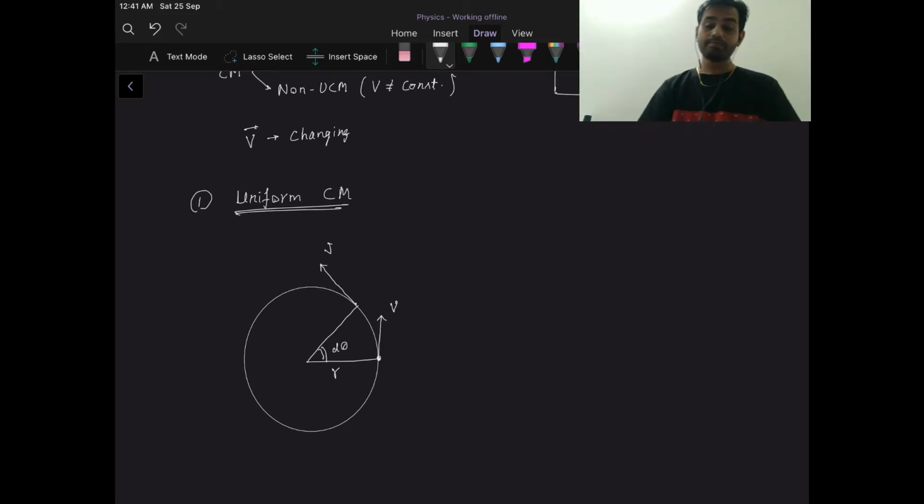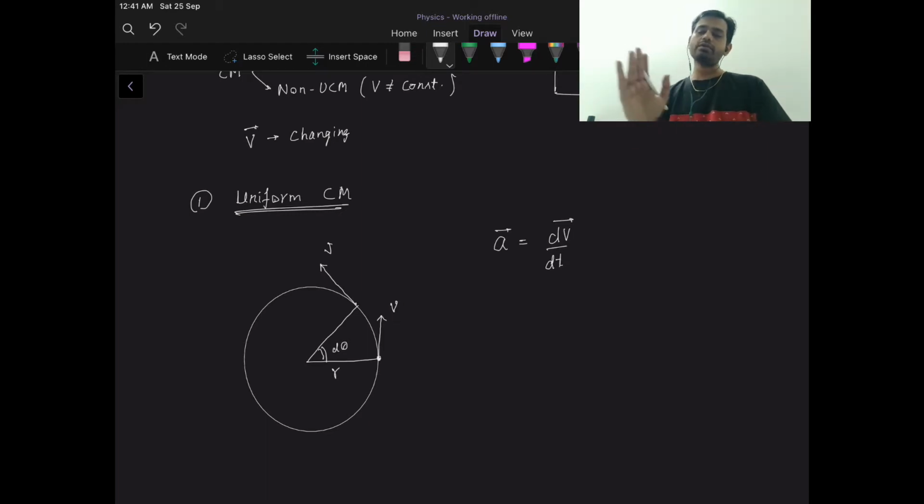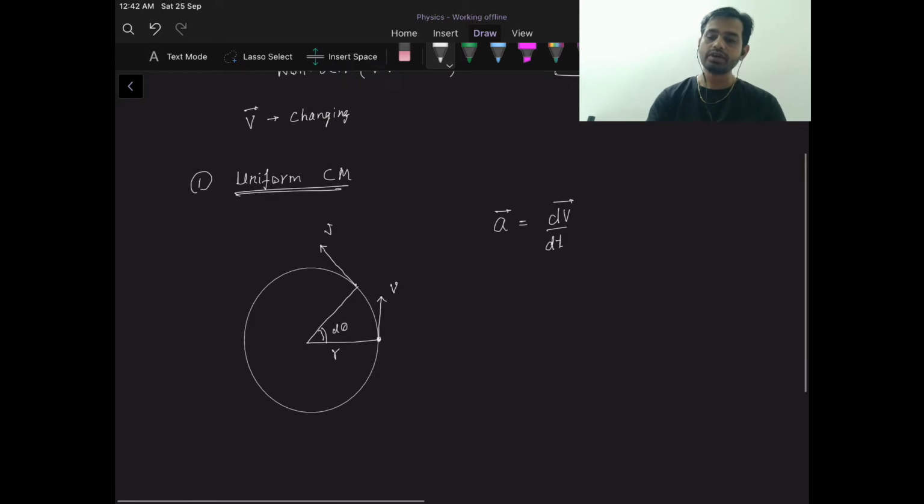Now what is acceleration? We already know that acceleration is equal to dv by dt. What is dv? dv is just the change in velocity in a very small time dt.